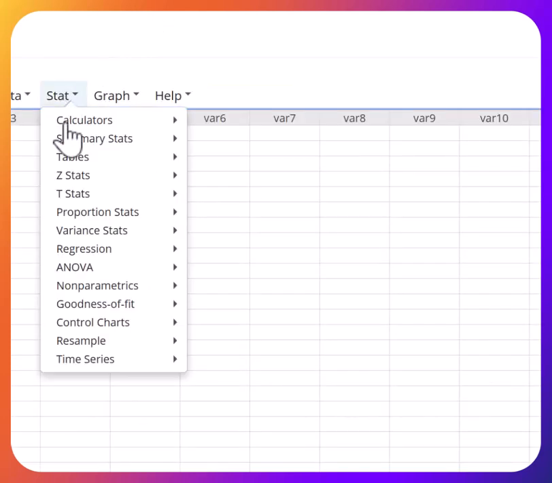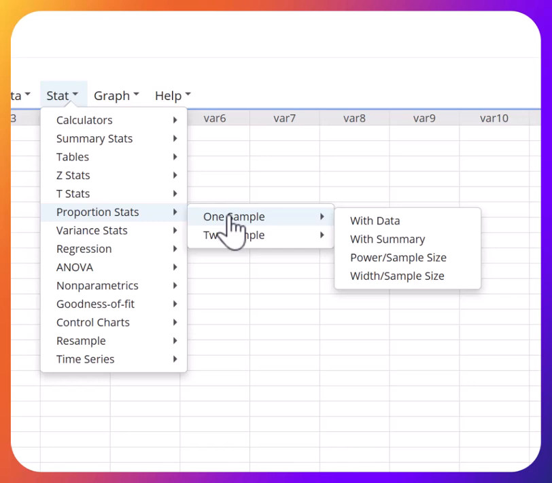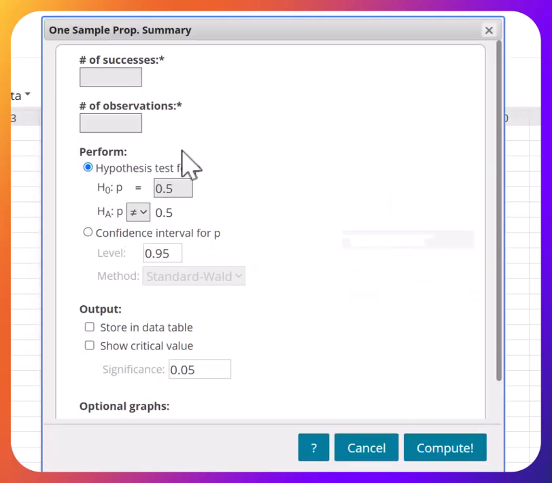Okay, ready? First step, you go to Stat, Proportions. If you're asked to find a confidence interval for the proportion, this is the only feature right here. It says one sample proportion stats. We're working in this chapter only with one sample and only with the summary. Number of successes: we have 500 accidents, 142 of those involved uninsured drivers.